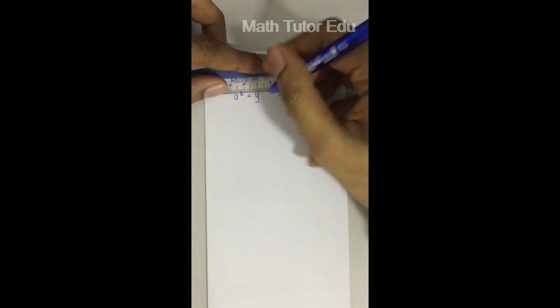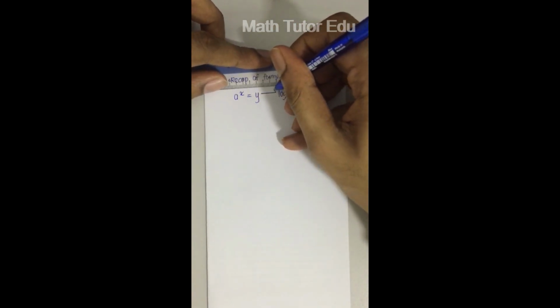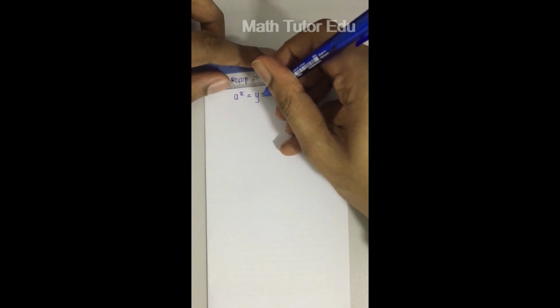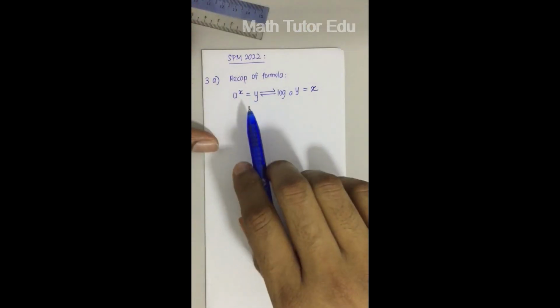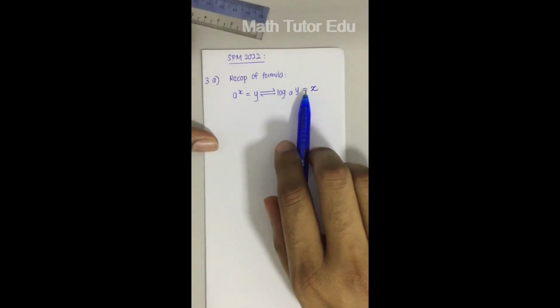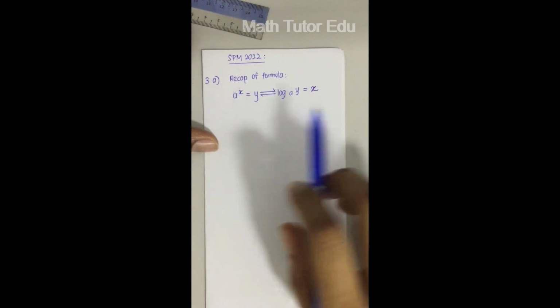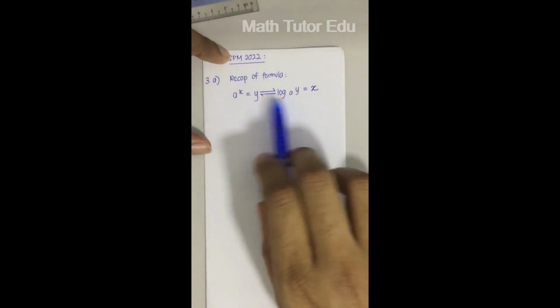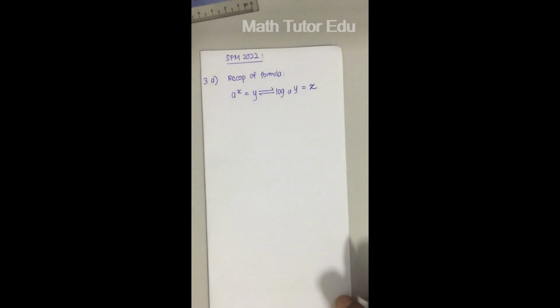Remember that we can convert from index form to logarithm form and logarithm to index form. It is actually a two-way formula.